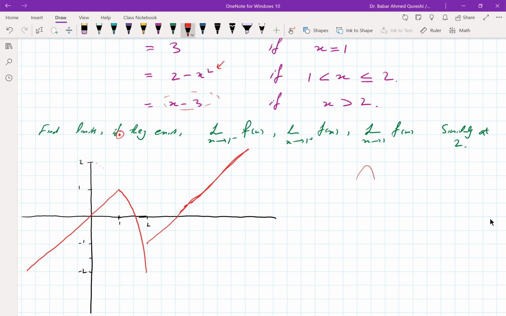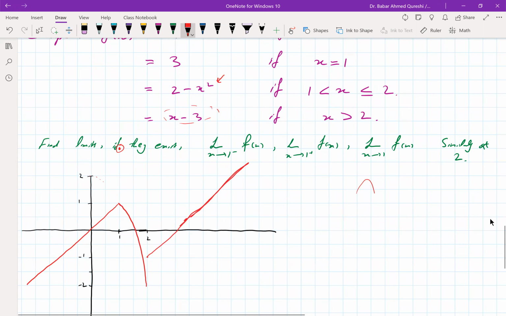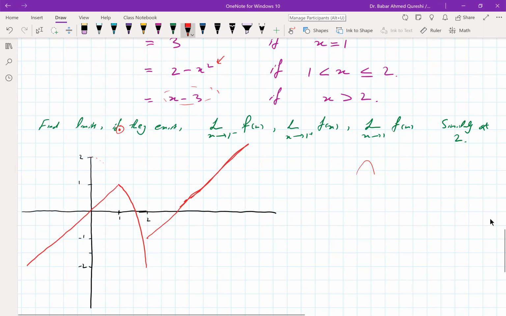Now it's pretty easy looking at this graph to find these limits. It also gives us the idea of what those limits mean. So limit x going to 1 minus of f of x, you're approaching these values from the left. Never touch the 1.